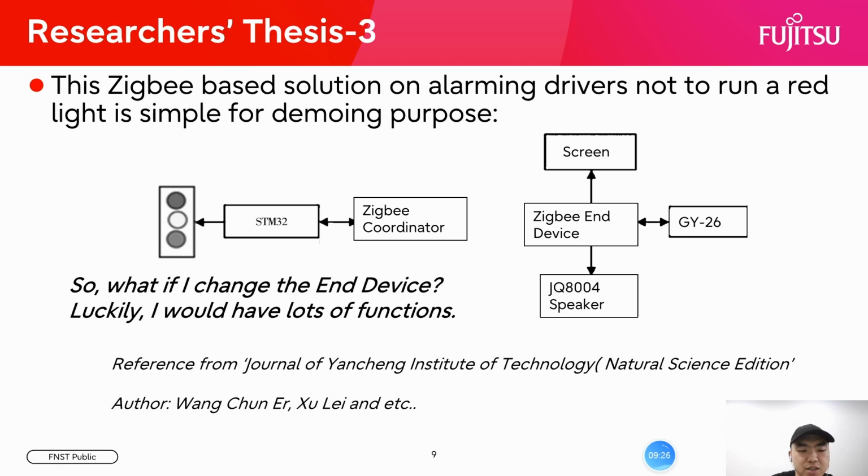And the end device on the car will send an alarm message to the driver when it detects that the owner runs a red light. So if I change the end device and put the coordinator on the car, can it be understood as having added a variety of functions onto the car?